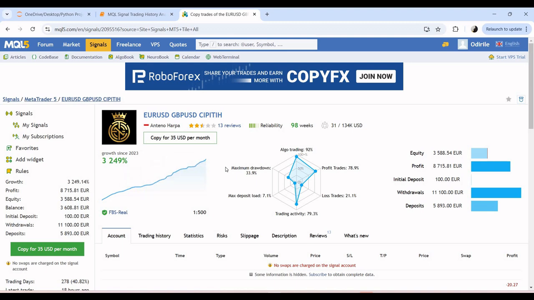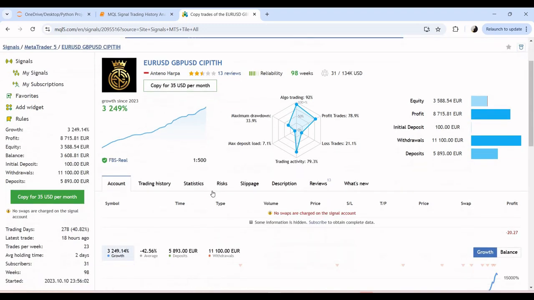Looking into the signal, we get some data on the signal, including deposit amounts, withdrawals, and balances. We also see some stats here, seeing that we have 78% or so profitable trades and about 21% losing trades.